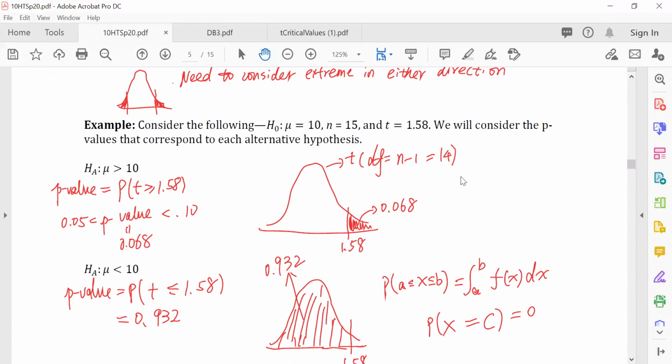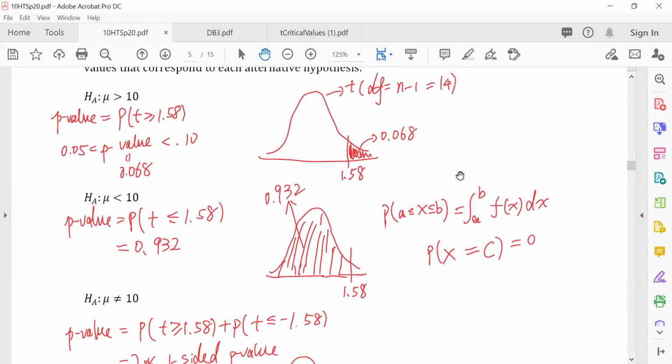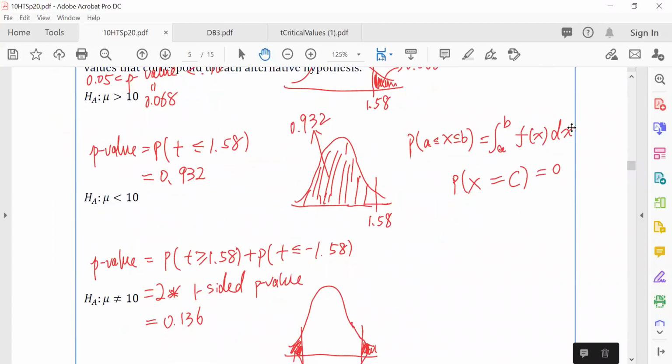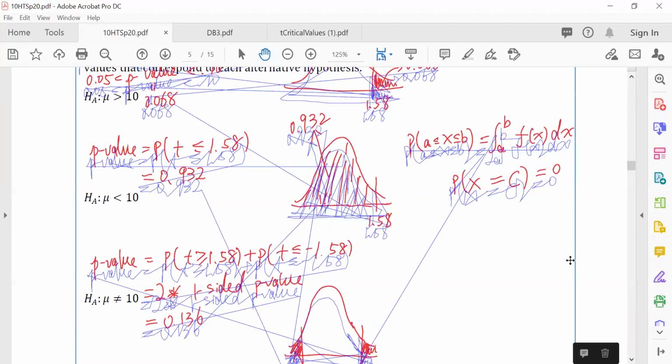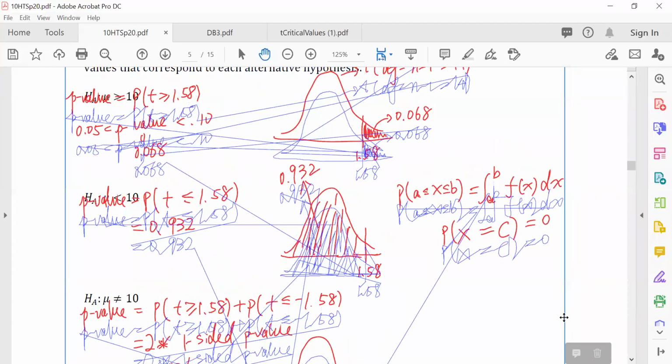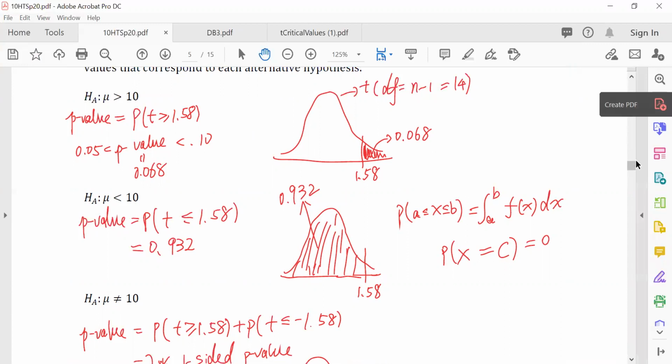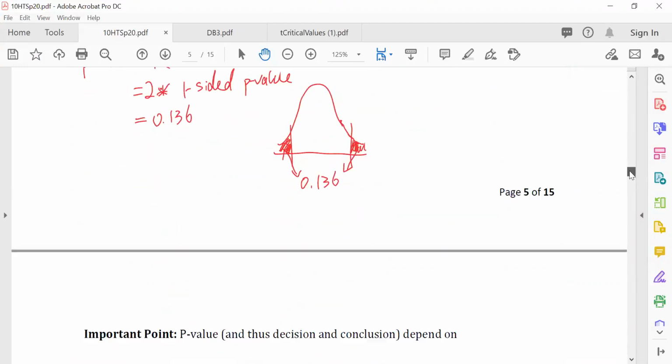But just because your alternative hypothesis is different, you are going to have very different p-values. Thus, you are going to have different conclusions about your hypothesis test.